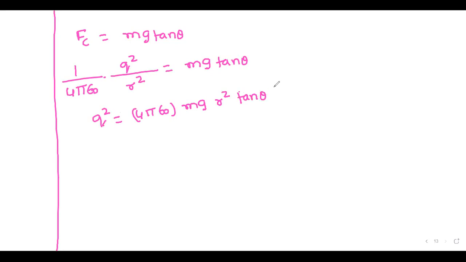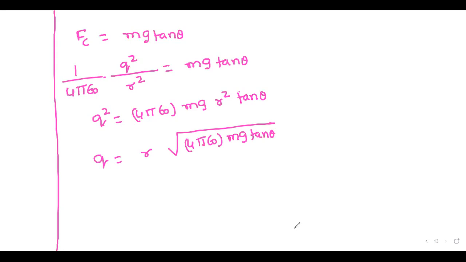So q is equal to r times under root 4 pi epsilon naught mg tan theta.